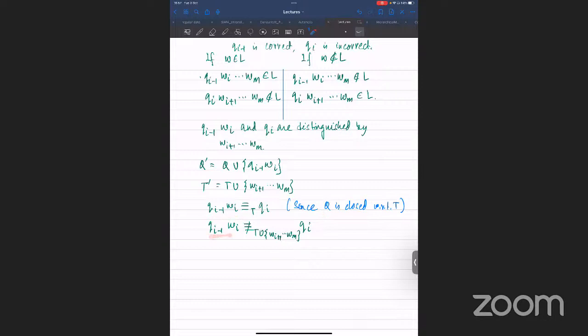And it is not equivalent to qi anymore once you add this new test string. Hence, Q union qi minus 1 wi is separable with respect to T union wi plus 1 to wm.